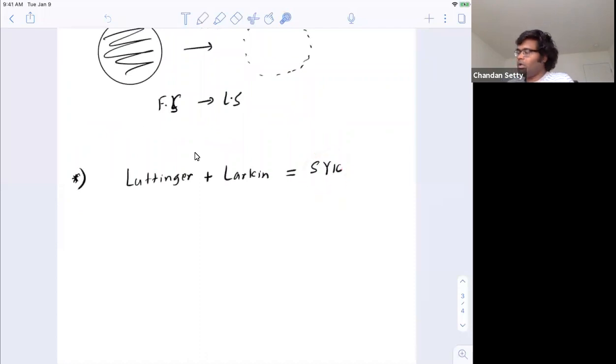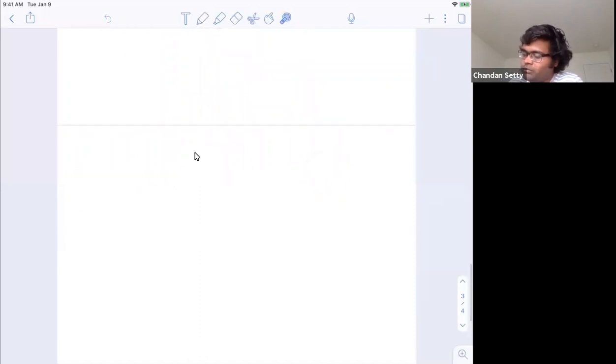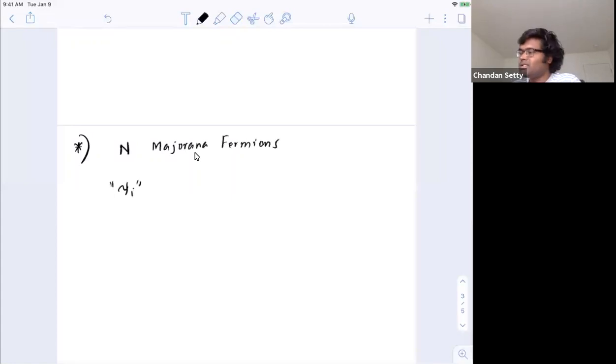All right, so just a quick summary of the SYK model. The SYK model is simply a model of N Majorana fermions, which are represented by some ψ_i, which we can think of as matrices, N in number, so i goes from 1 to N. The most important thing is that these matrices have the following anti-commutation relation.